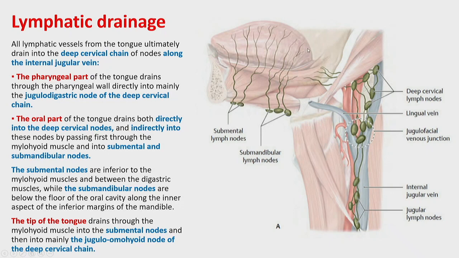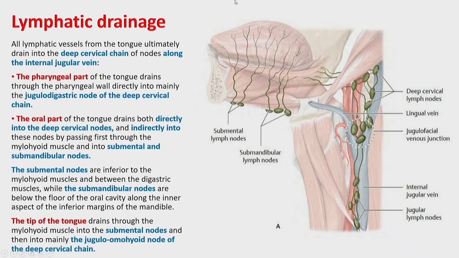The dorsal aspect, or the pharyngeal part, or the root or posterior aspect of the tongue, drains to the group of lymph nodes that, as we mentioned before, are called deep cervical lymph nodes. And these deep cervical lymph nodes, you can find them parallel, mostly, not always, with the internal jugular vein, yes? So we divide them into the superior part, middle part, and inferior part, yes?